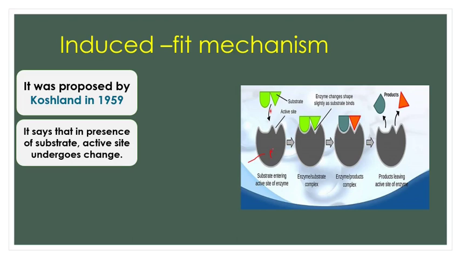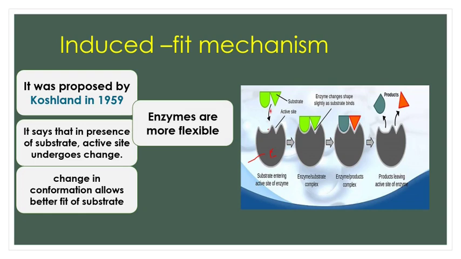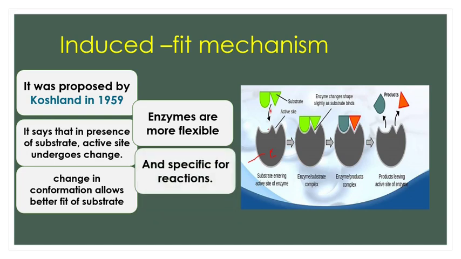These enzymes, as you can see in the picture, have active sites, and when the substrate comes, in the presence of this substrate the active sites, being flexible in nature, will change their conformation, they will change their shape so that it provides a better fit to the substrate into the active site. According to this model, enzymes are more flexible and they are specific for the reaction, forming the enzyme substrate complex and thus converting the substrate into product.